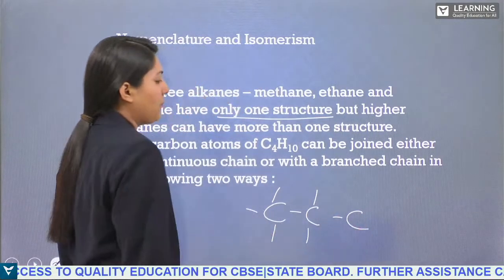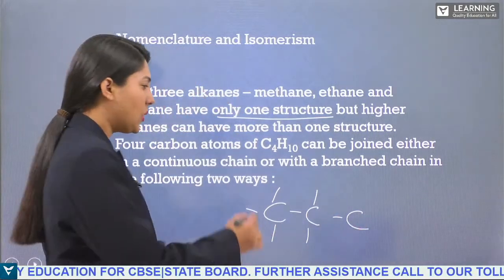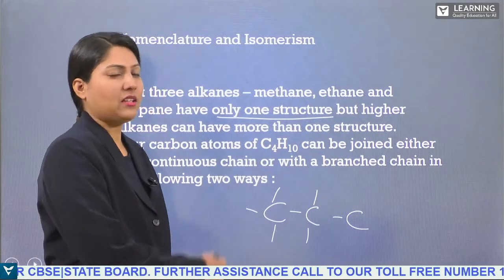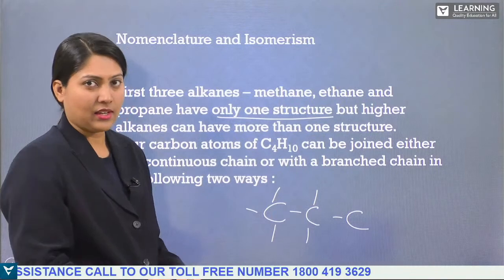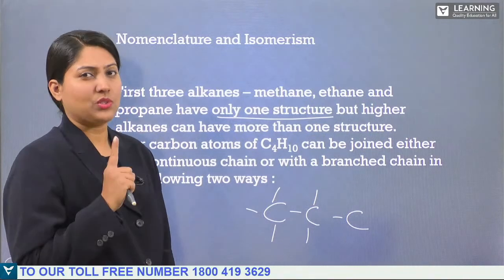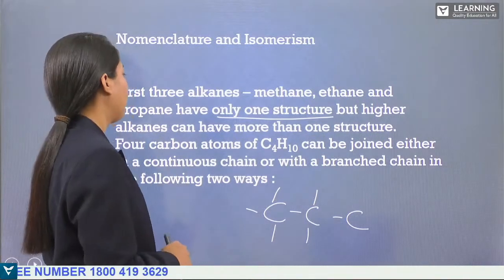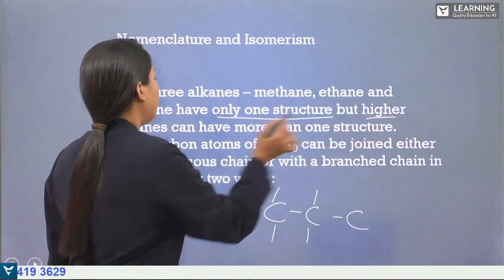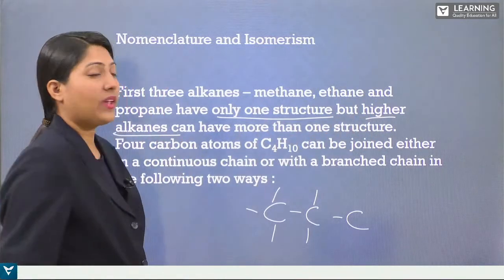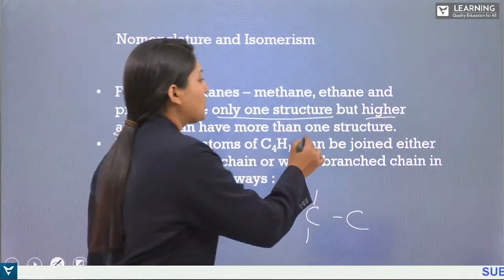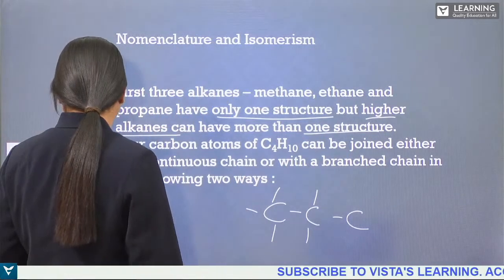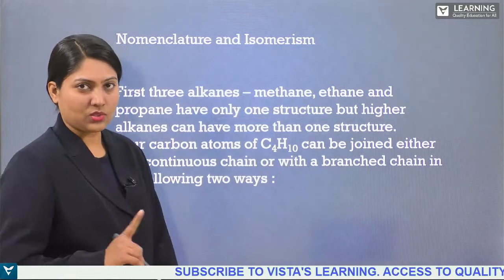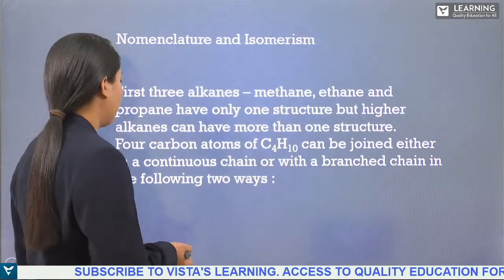Even the third one, all these three, methane, ethane and propane, we cannot change their bonds easily. So they have only one structure for one formula. Got it? But for higher alkanes, we have a greater number of structural isomers. They will not have only one structure, they will have more than one.